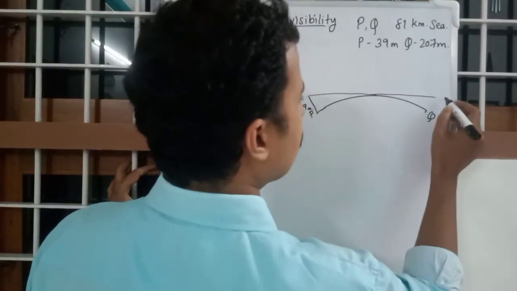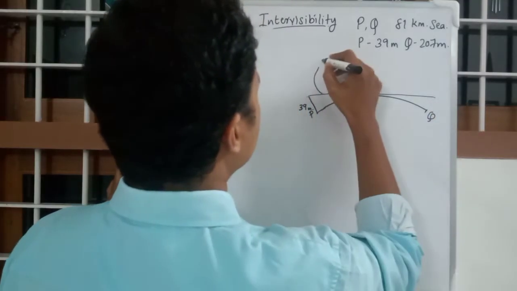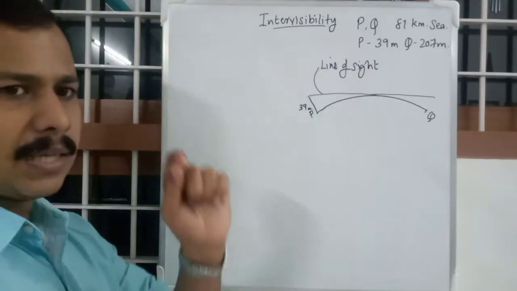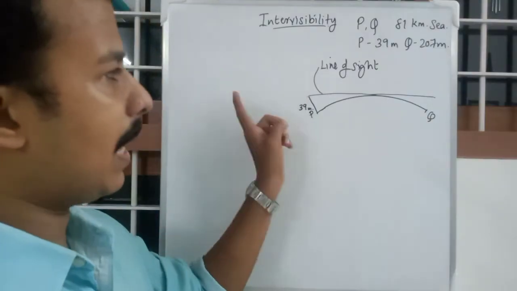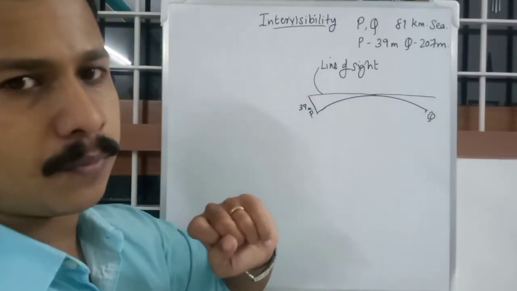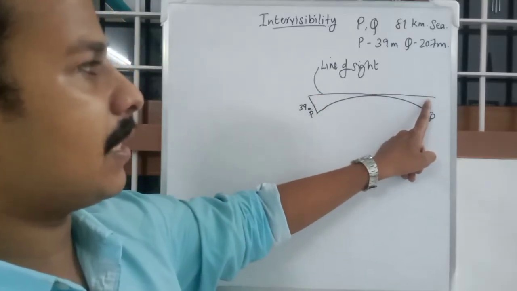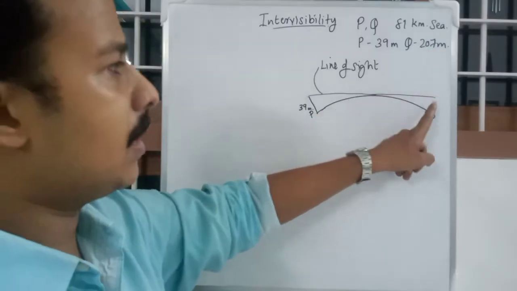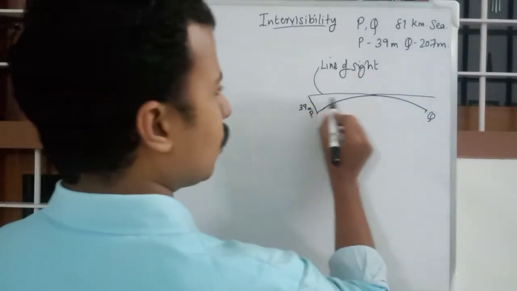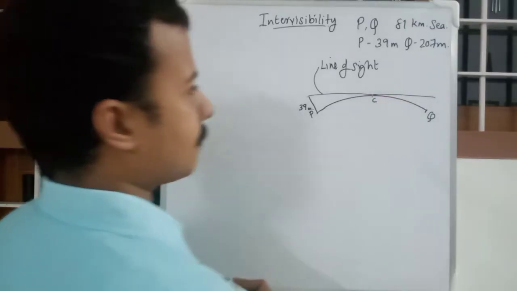Line of sight is the imaginary line passing through the instrument, which wants to meet Q. So in intervisibility, if this line of sight meets Q, which is at 207 meters, these two are intervisible. If not, they are not intervisible. That is the concept. So this line of sight passes through the point of tangency C.